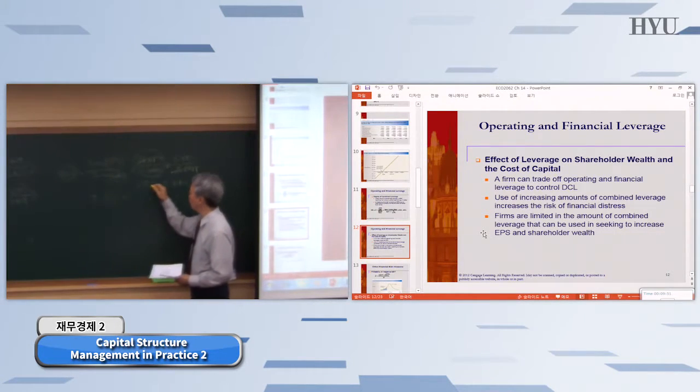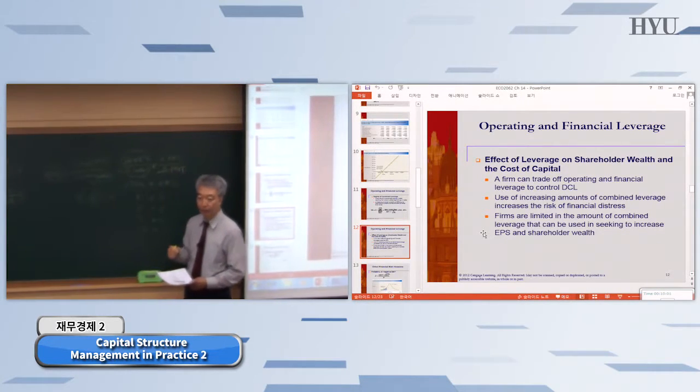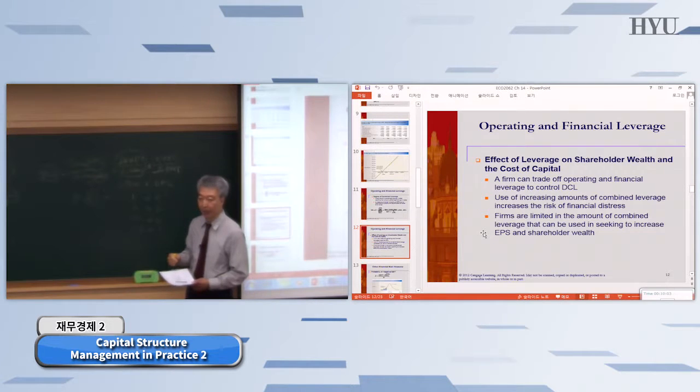So if DOL is high, what that means is when the sales go up or down, let's say 1%, you will see larger fluctuation in operating income. So again, in finance, what we call variability.